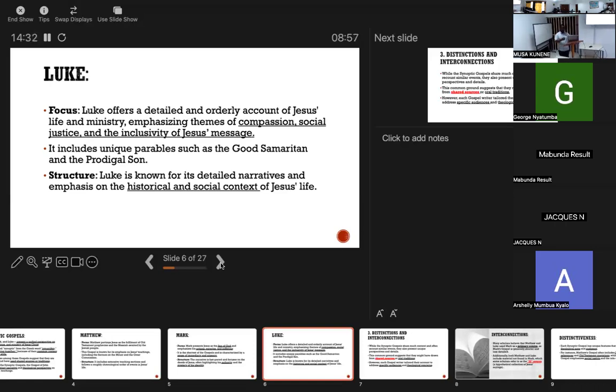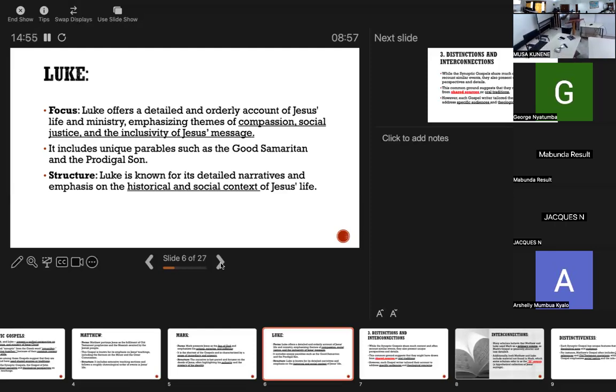But in the teachings of Luke, you find one of the parables that is called the Good Samaritan, where he can give a picture of a good Samaritan in a context where Jews thought there is nothing good that can come out of a Samaritan.